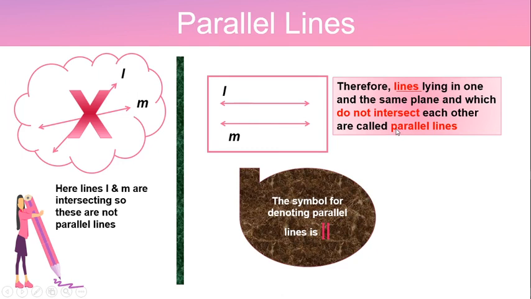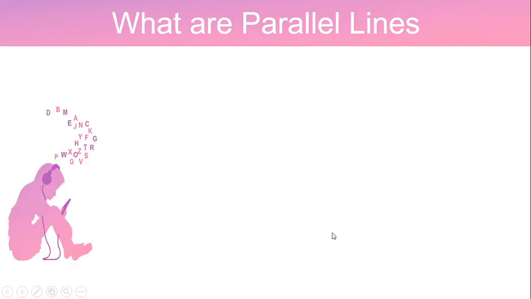So these lines are called parallel lines. The symbol for denoting parallel lines is like this. Two standing lines are parallel to each other.